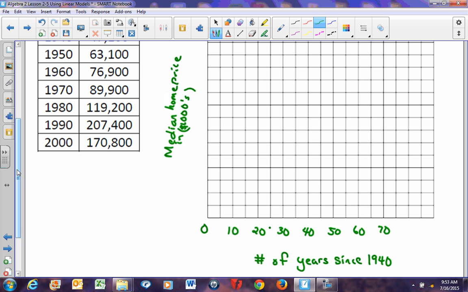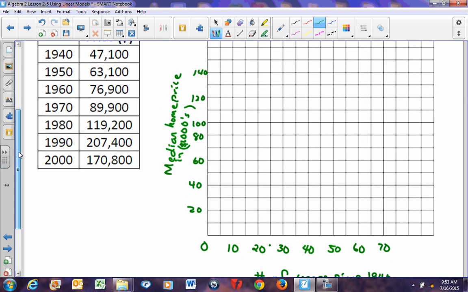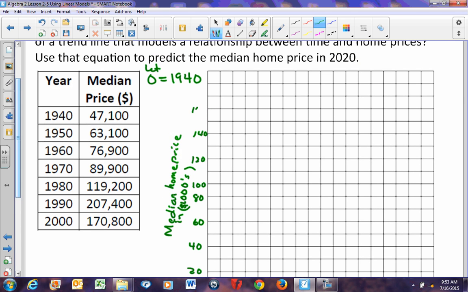So let's say 20,000, 40,000, 60,000, 80,000, 100,000, and then obviously it went past 100, and blew off my graph.